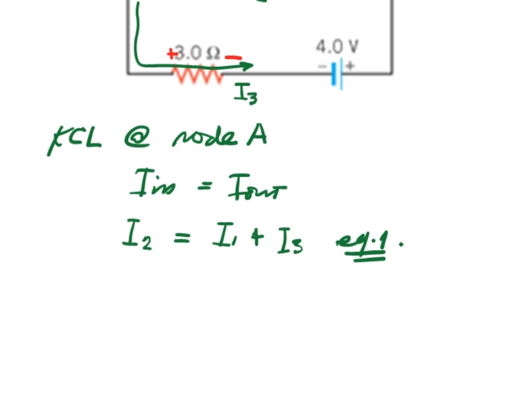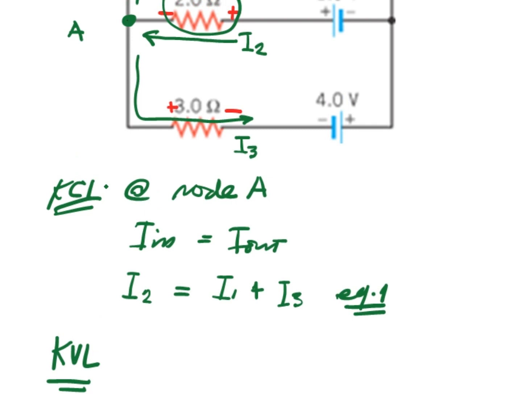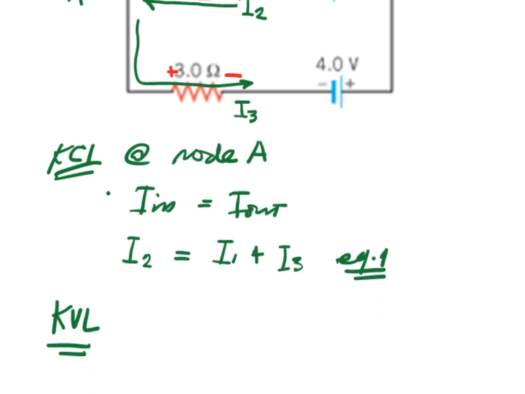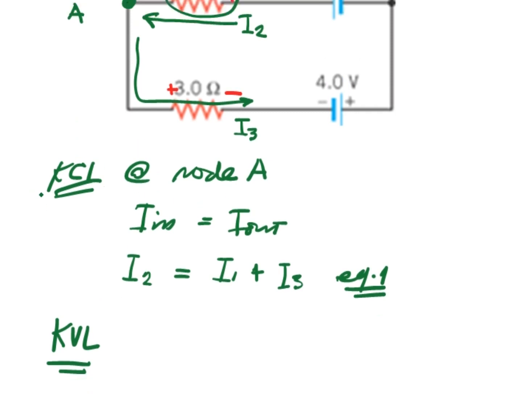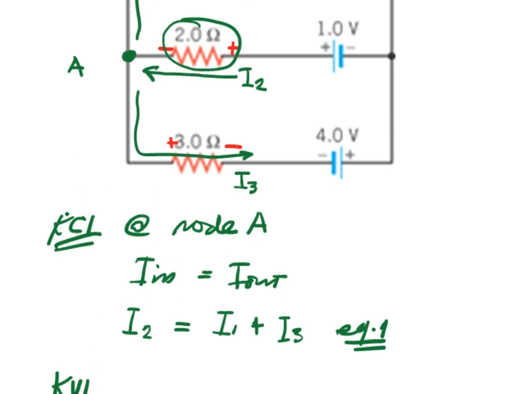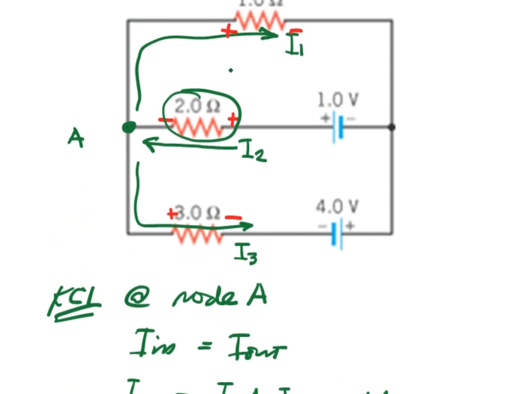Now let us apply KVL, Kirchoff's voltage law, to the circuit. To apply KVL, we need again to assume a loop. A loop is a circular path, a closed connection in the circuit. That is what we call a loop.